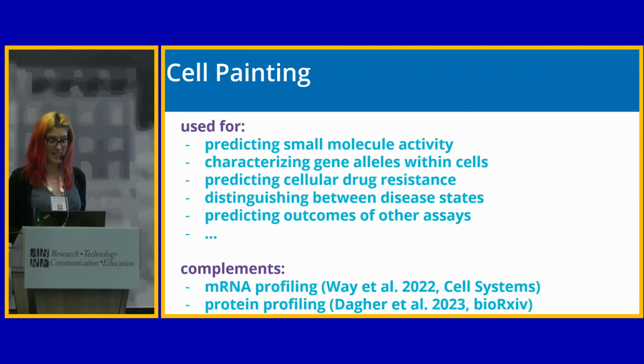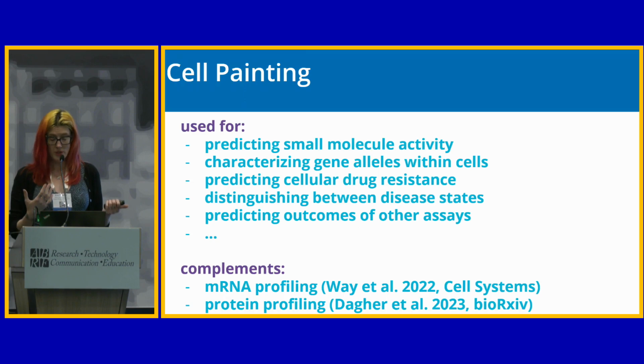So the cell painting assay itself has been used for many, many things, and unfortunately, I can't go into all the things, but I will tell you, we've shown it is great for predicting small molecule activity, characterizing gene alleles, predicting cellular drug resistance, distinguishing between disease states. You can predict the outcome of other assays based on the morphological profile.